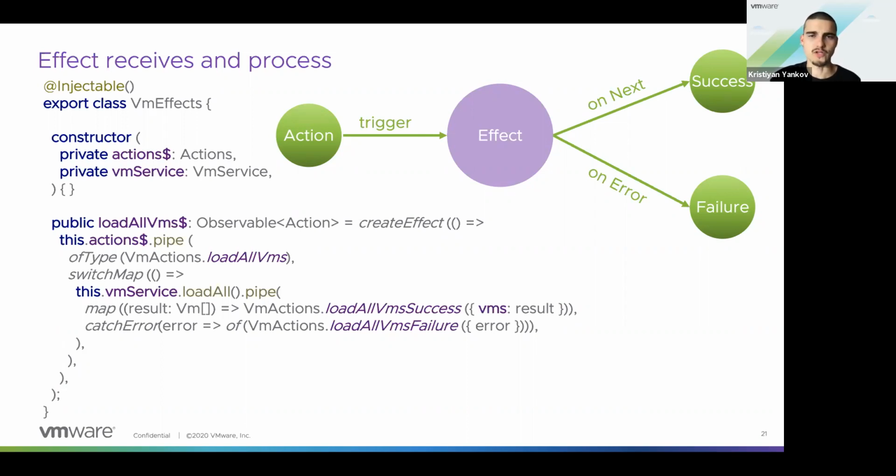We listen for a particular action with the ofType operator, and then we switchMap it over to some HTTP call. And once we have the response, we just map it back to a new success or failure action for the reducer to compute the next state, or maybe to trigger a chain of side effects.